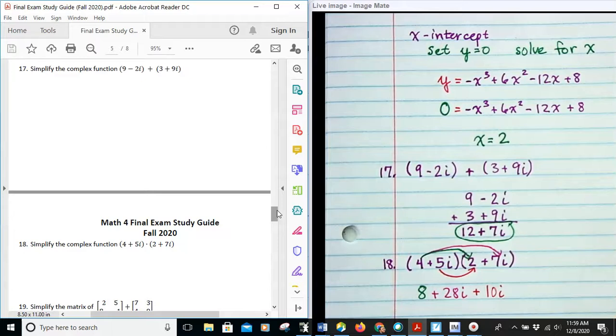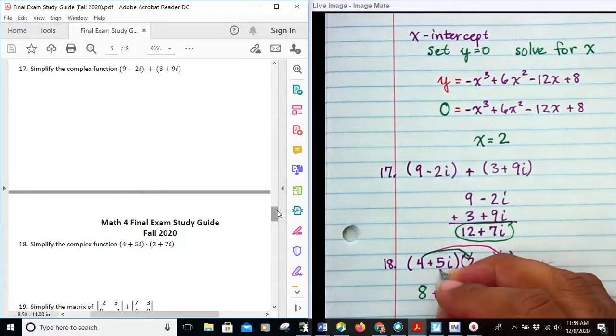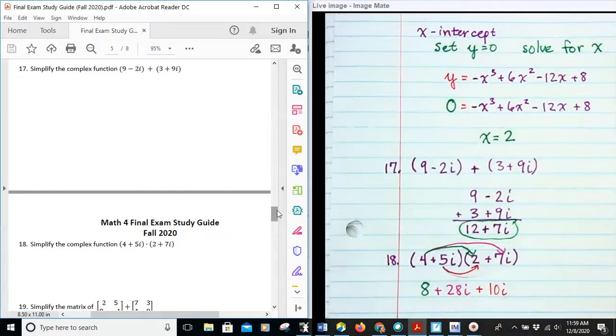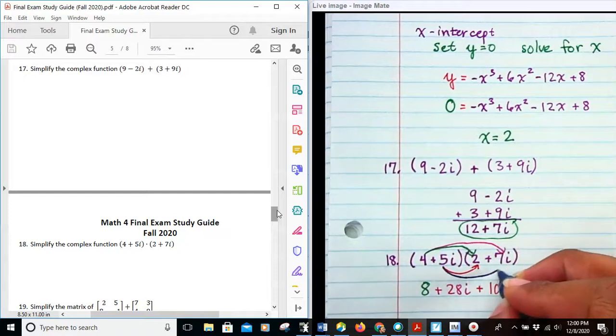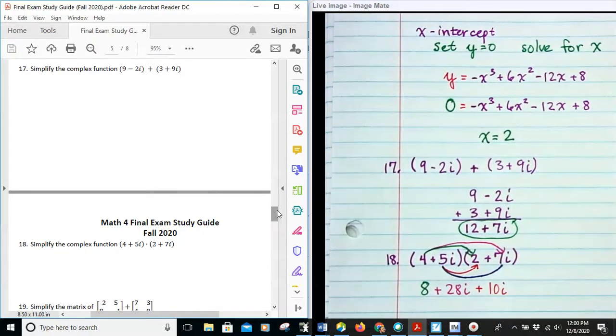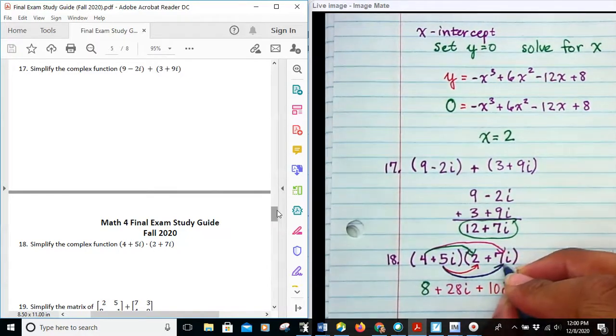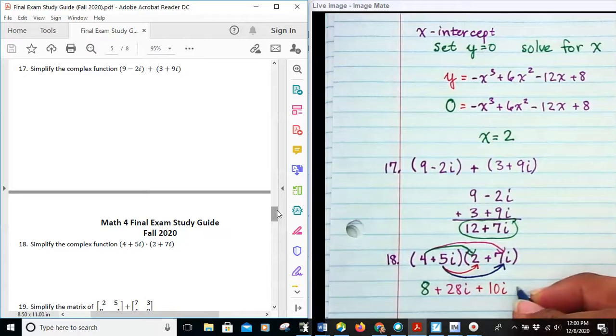And then the last portion, let me use blue. Hopefully blue works for me this time. Let me use this blue. This one will work. All right, so here, 5i times 7i is 35i squared.